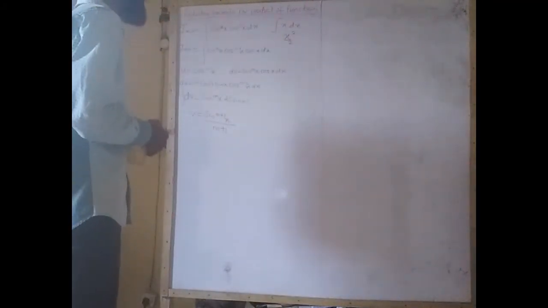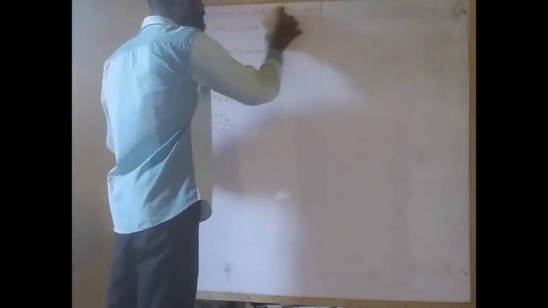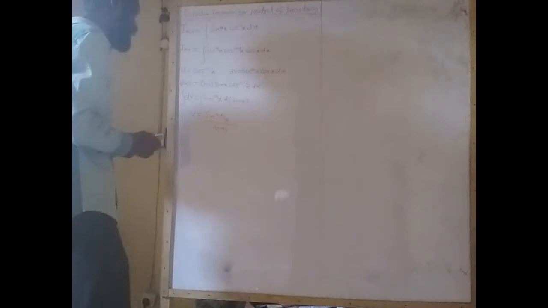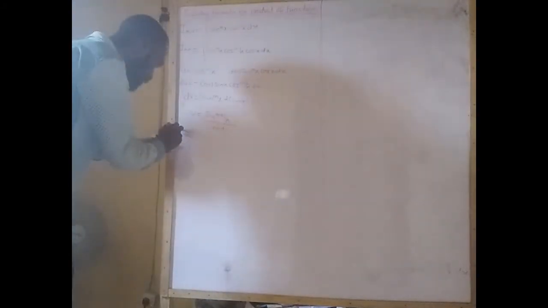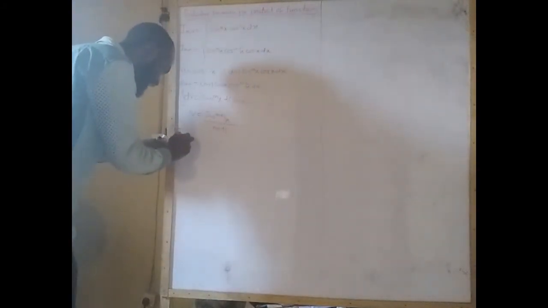Then I can easily apply integration by parts to the whole function, since I know my u, v, du, and dv. If I apply the same formula, I(m,n) will be uv minus the integral of v du.